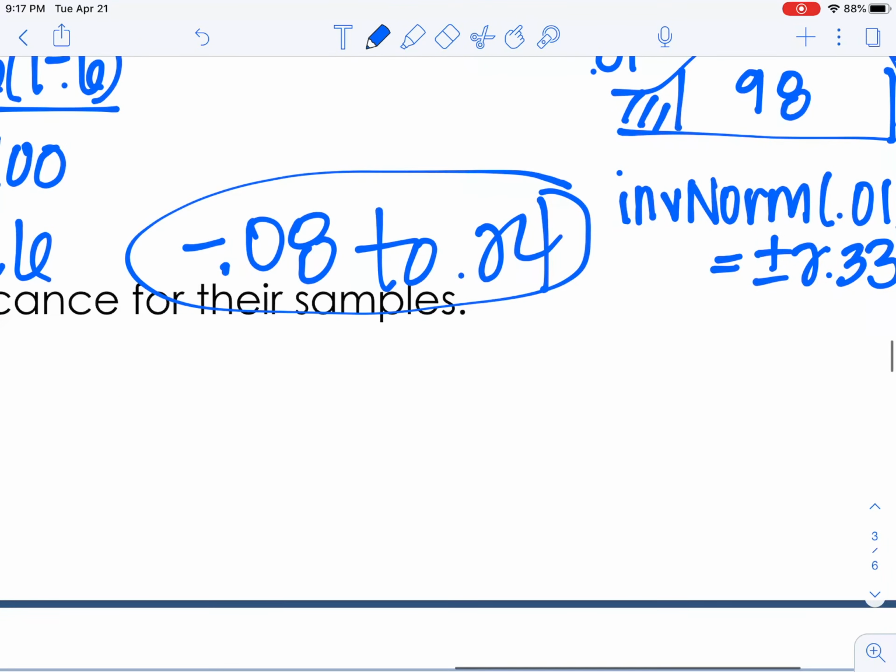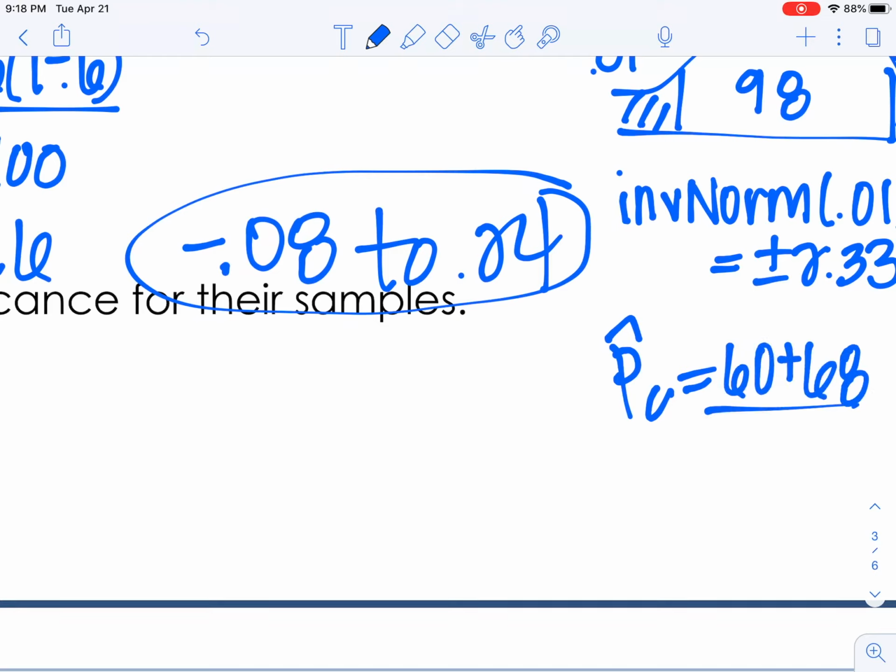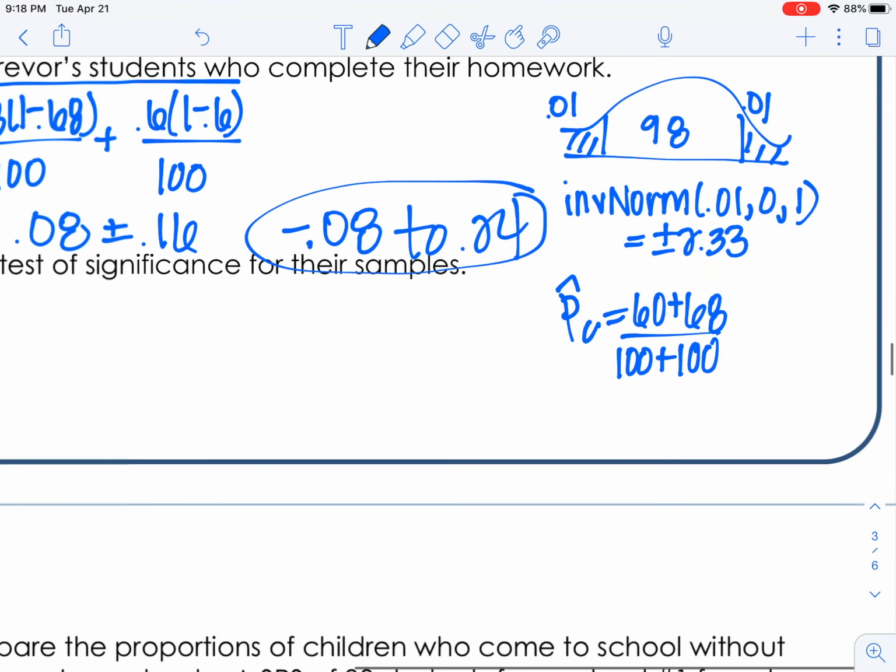So PC, or that combined percent, would be the 60 plus 68 over 100 plus 100. And remember, it's only 60 and 68 because it was out of 100 students. So those percents translate easily. So 68 plus 60 is 128 over 200 is 64%.